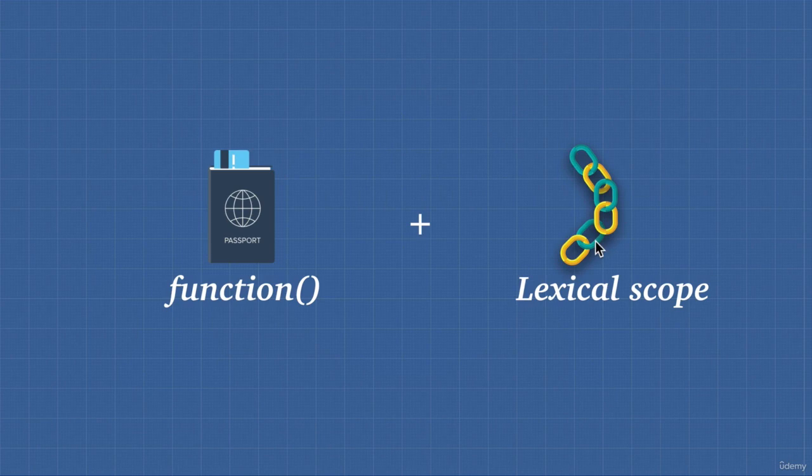That is, the JavaScript engine knows, based on where our code is written, before we even run the code, what variables each function has access to. And closure is simply that: a combination of a function and the lexical environment from which it was declared.